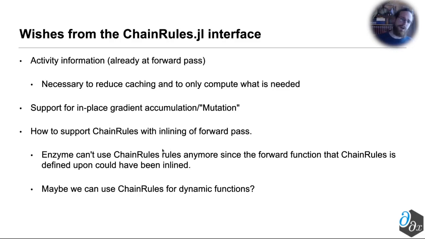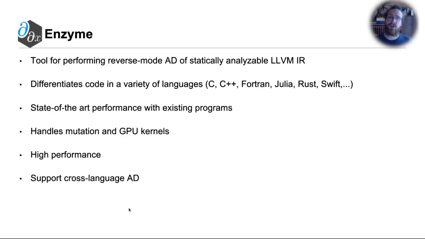So maybe we can work together with Diffractor to actually define a pass to say, well, do not inline these functions so that we can then later on use chain rules. Alternatively, one of the clearer examples is that if we encounter dynamic functions, we might actually just want to look up if chain rules already has a definition for that function and use that instead of re-entering Enzyme.